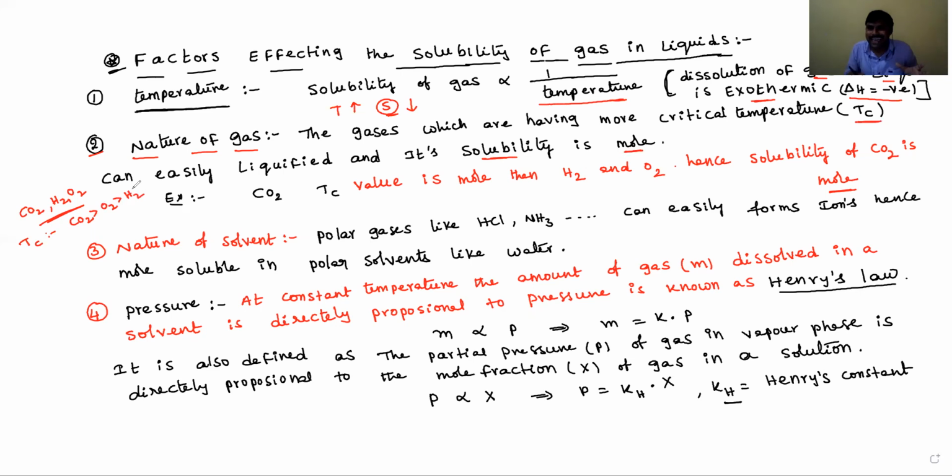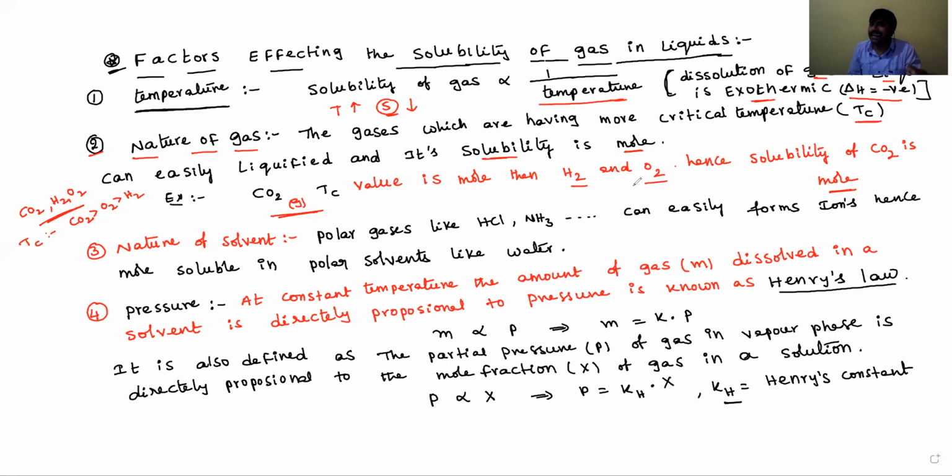Among these three gases, the critical temperature of carbon dioxide is more when compared with hydrogen and O2. Hence, since the critical temperature of carbon dioxide is more, it can be easily liquefied. So CO2 being easily liquefied means its solubility in a solvent is more. So CO2 solubility in liquids is more when compared to hydrogen as well as O2. That is called nature of a gas.